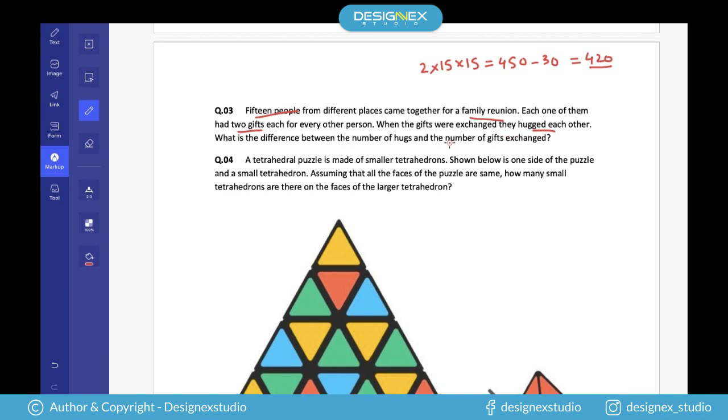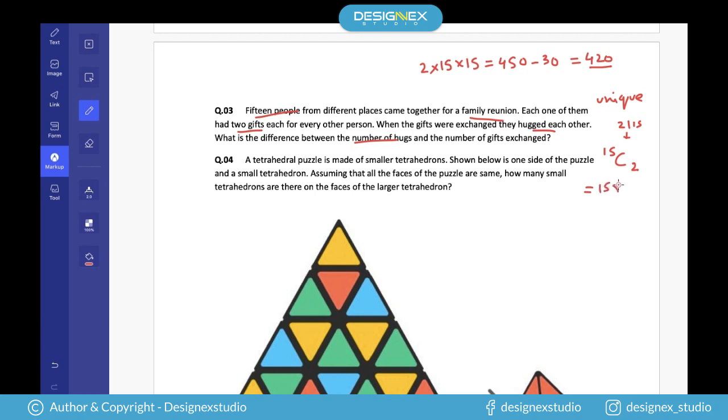Now the second part, number of hugs. To calculate the unique number of outcomes in probability, first see how many events are happening and what the occurrence is. Two occurrences are there, and the number of events is 15. So the formula for that is nC2, here 15C2.